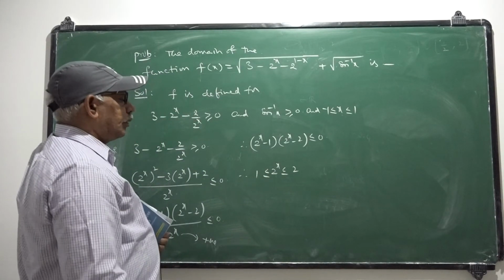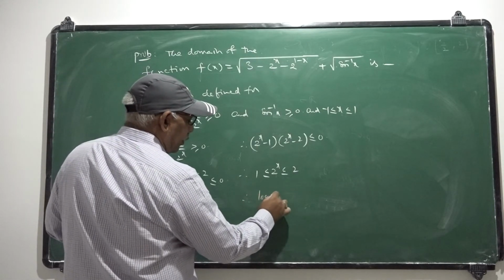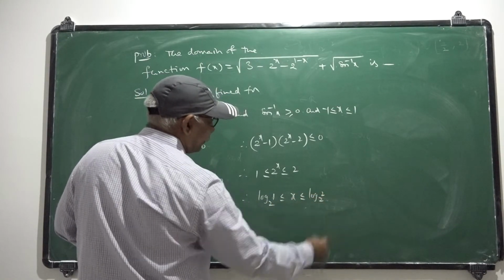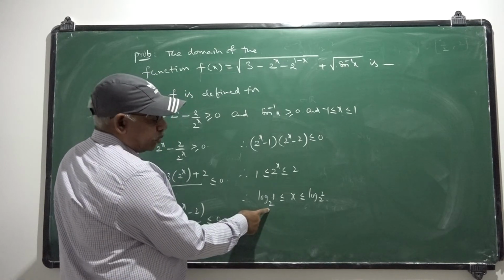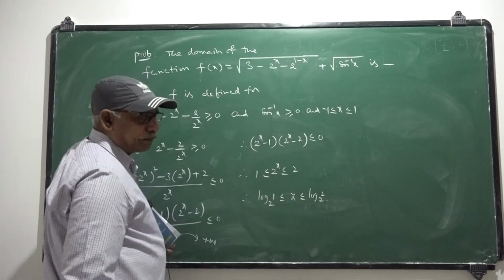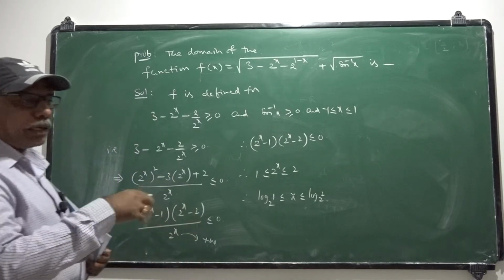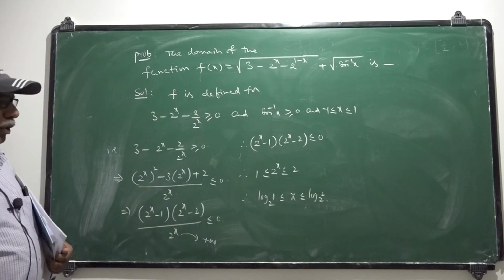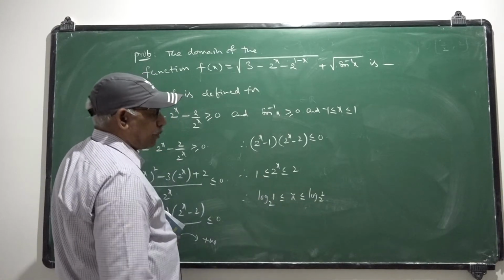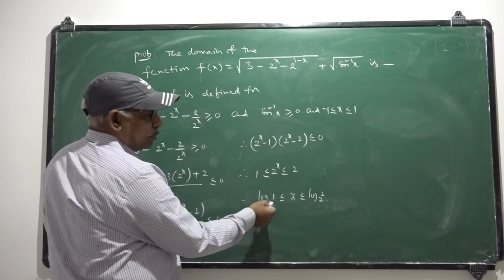So taking logarithm to the base 2, log 1 to the base 2 is less than or equal to x is less than or equal to log 2 to the base 2. The log function is an increasing function, so there is no change in the inequality, since the base is more than 1.